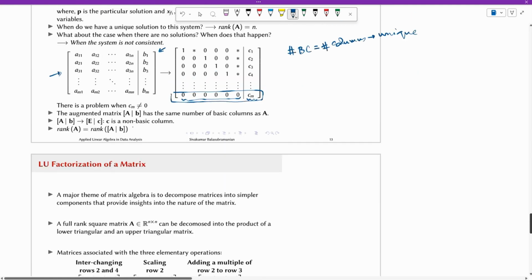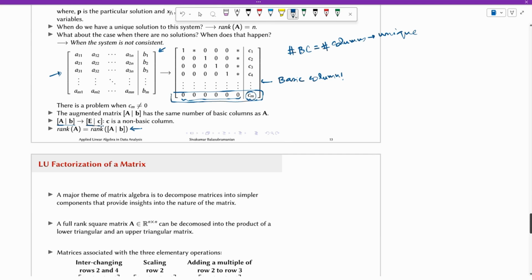Or another way to say this is, when you take the augmented matrix and you do the reduced row echelon form, you get this. Okay. If in this reduced row echelon form, the last column turns out to be a basic column, then you have a situation where you cannot solve the system of equations.